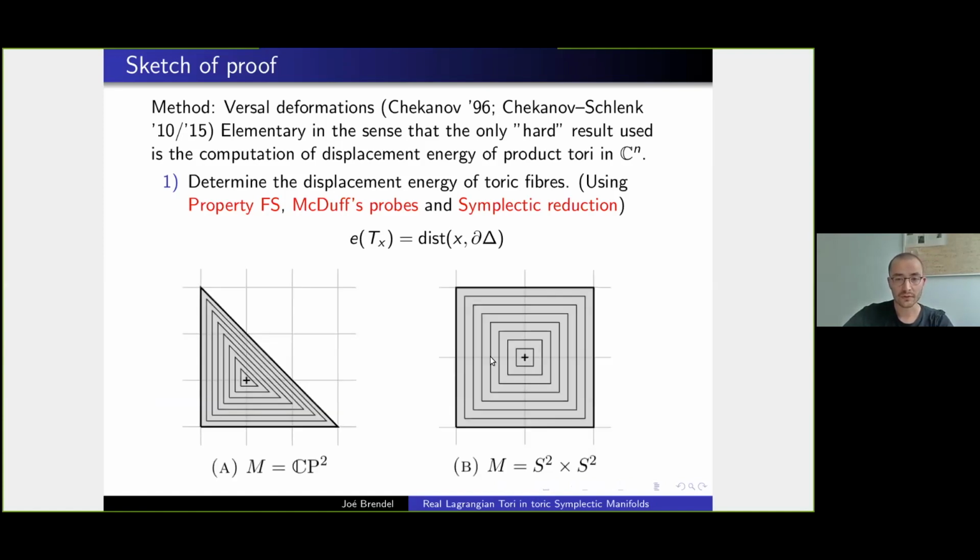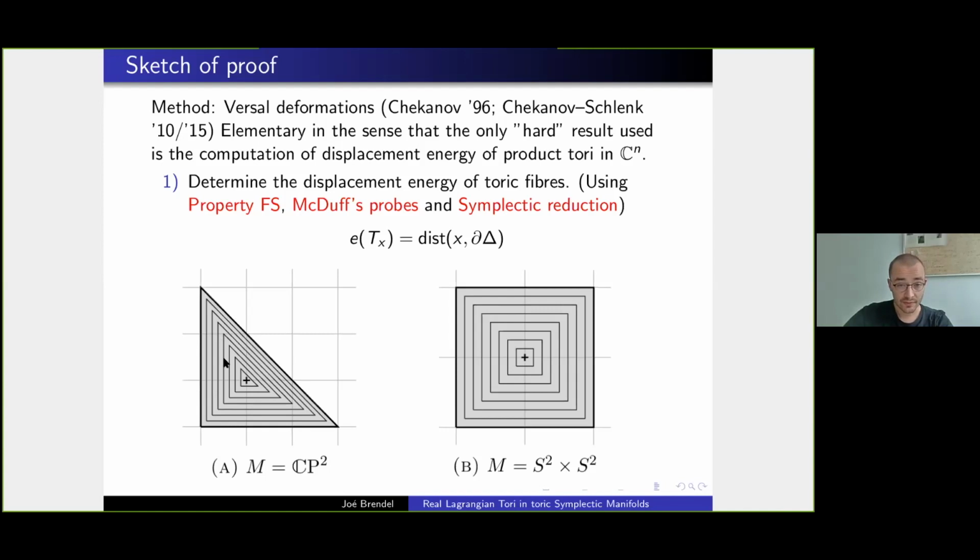Here are some pictures that go along with it. Basically, the displacement energy of a given torus depends on the affine distance, so this is the affine distance, not Euclidean distance, from the base point that you choose to the boundary of your moment polytope.